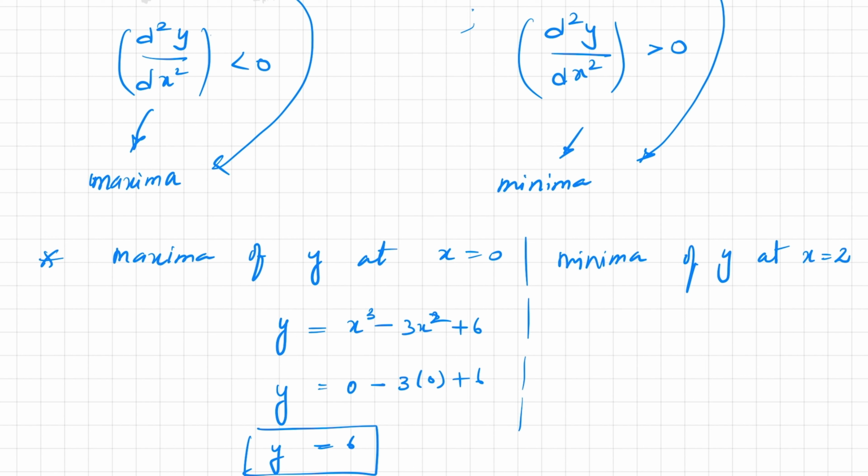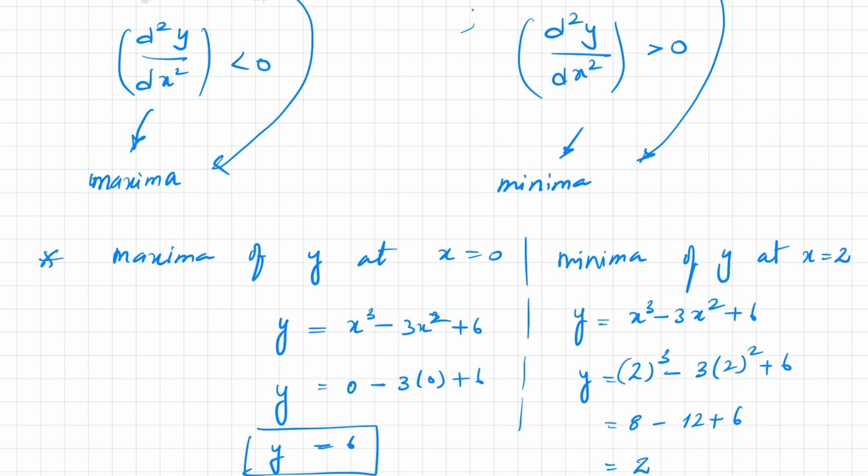So what will be that minimum value? x cubed minus 3x square plus 6 is the relation. So y is equal to 2 cubed minus 3 into 2 square plus 6, that will be 8 minus 12 plus 6, that gives me 2. So the minimum value of y is 2 at x is equal to 2, and the maximum value of y is 6 at x is equal to 0.